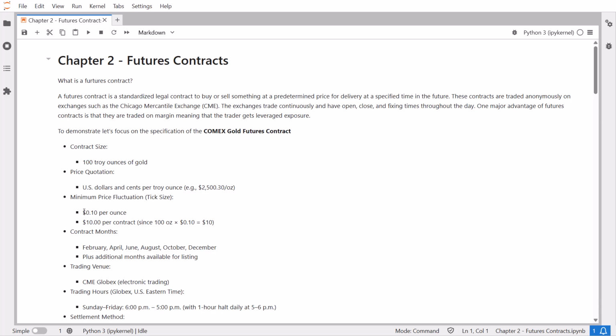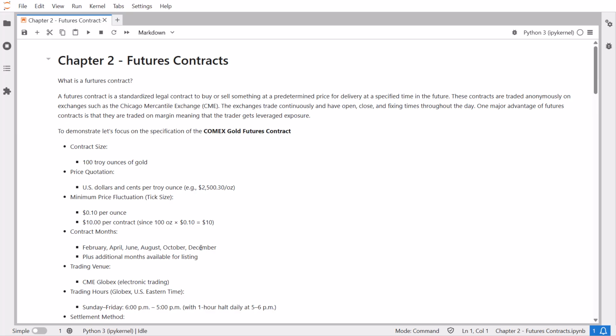There is the minimum price fluctuation on the exchange, so the minimum amount the price can move by, which is about $10 per contract. There's the contract months. This is the date that the contract will be delivered on, so either February, April, June, August, October, December.